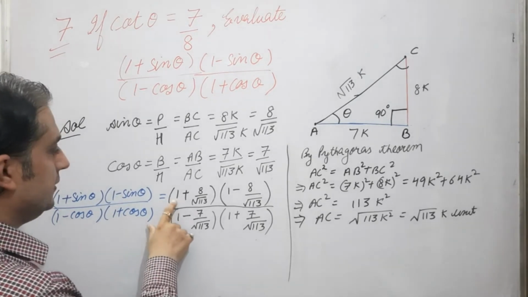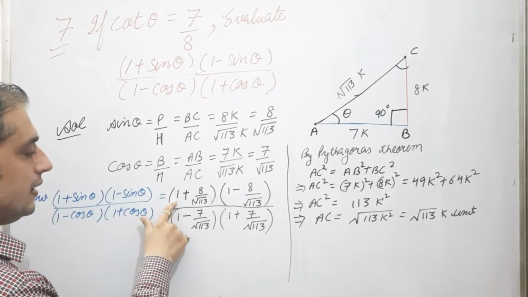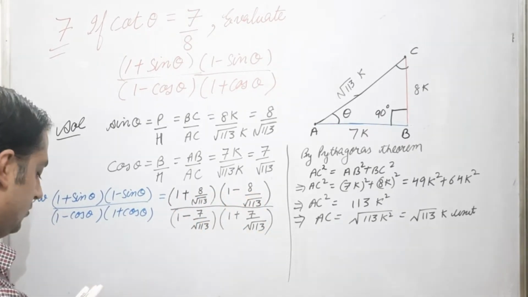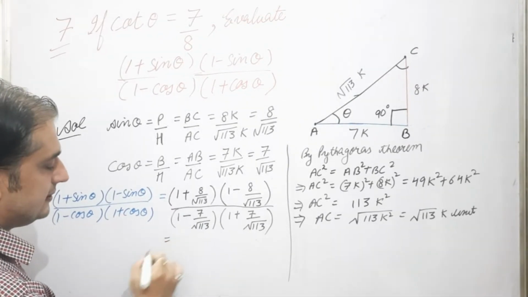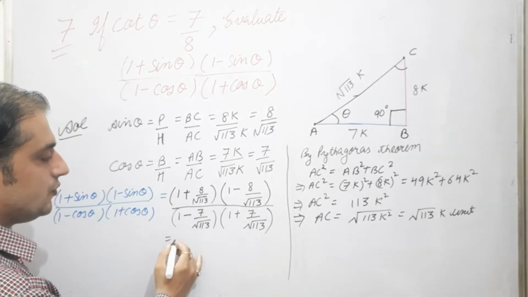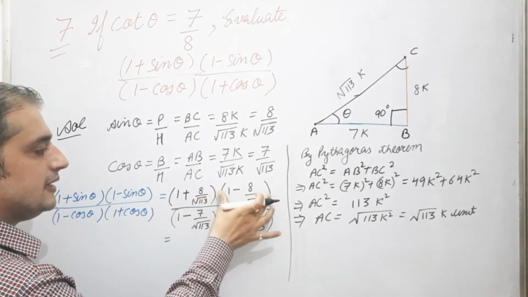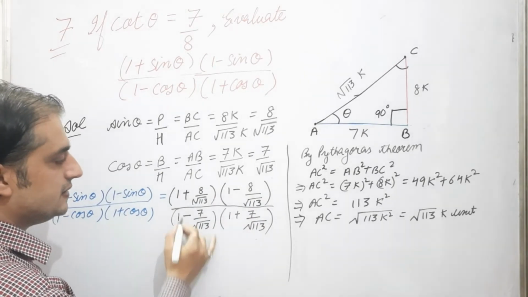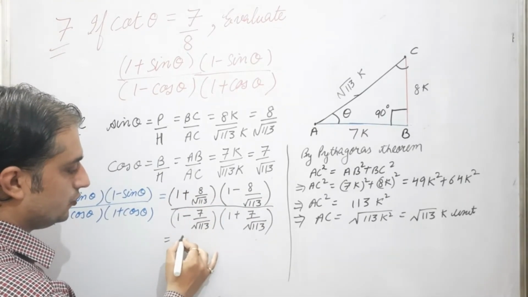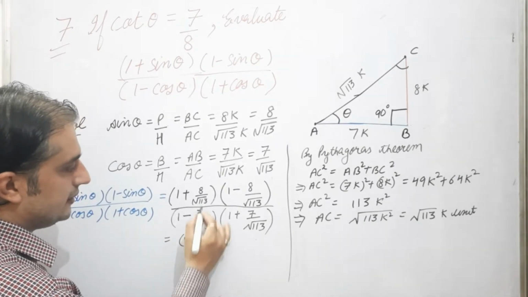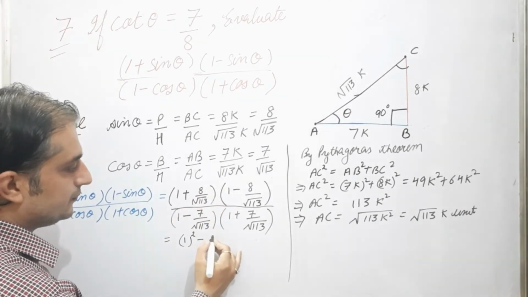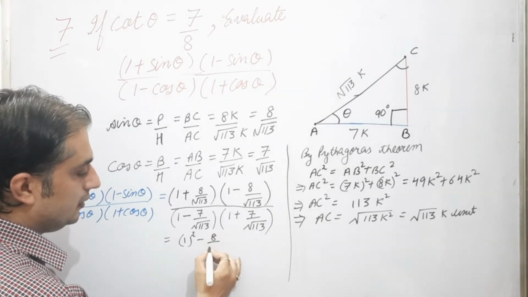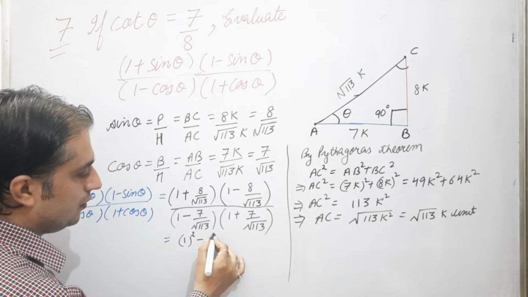So you know this is like your identity a plus b, a minus b. So you can write this identity as a square minus b square. Instead of a plus b, a minus b, you can write a square minus b square. So your a is 1. You can write 1 square minus b, which is 8 by root 113, whole square.